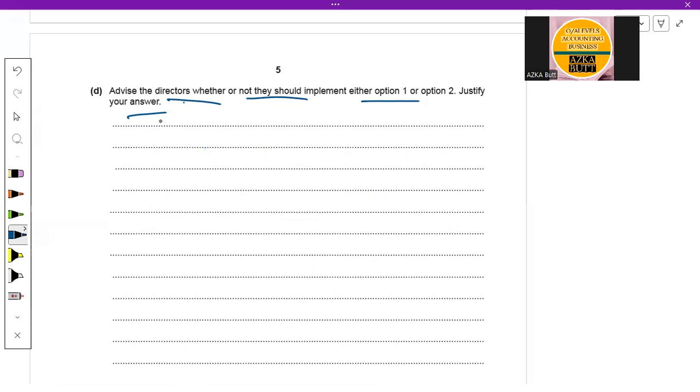So for option 1, they are going to reduce the number of orders for a material discount. The first benefit would be that there is a direct material cost saving. It means that the material cost per unit decreased by 10%, reducing from 140 to $126 per unit. And there is one more important thing, which is order processing cost reduction.